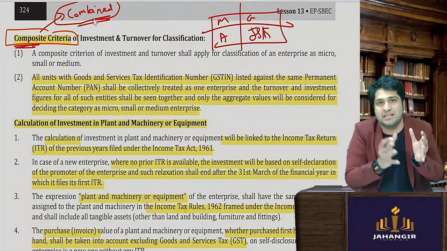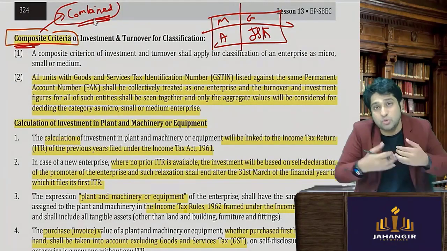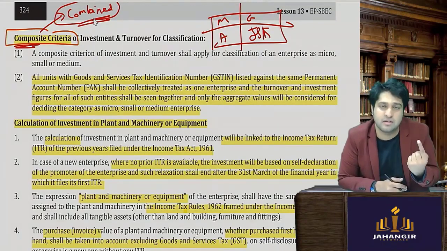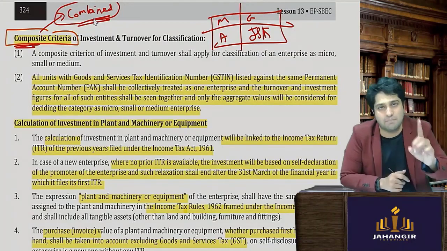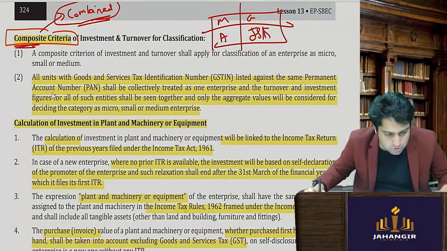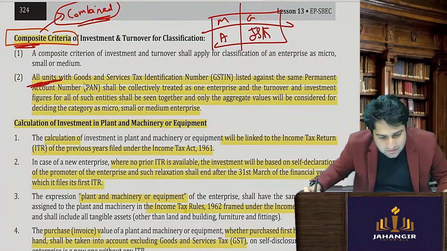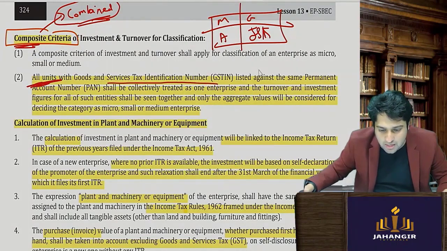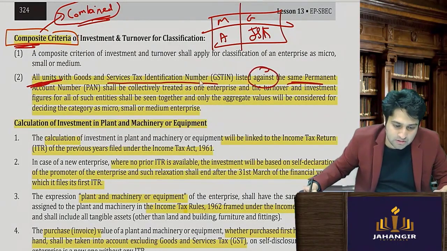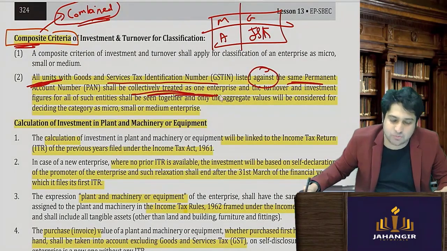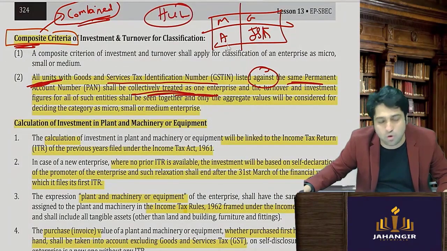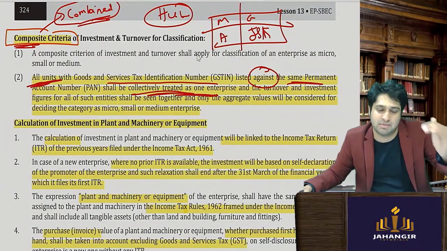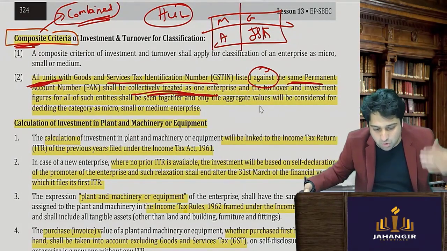If I have units in every state and I combine the turnover and the assets of all of my units, they will all have one PAN but multiple GSTN numbers. PAN will be only one. HUL will have one PAN and multiple registrations. So all units having GSTN numbers against the same PAN shall be collectively treated as one enterprise. So Hindustan Unilever can be present in 4 locations. We will club the turnover of all to know whether they are MSME or not, and under what head you are.